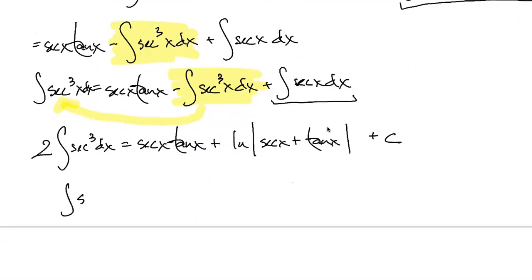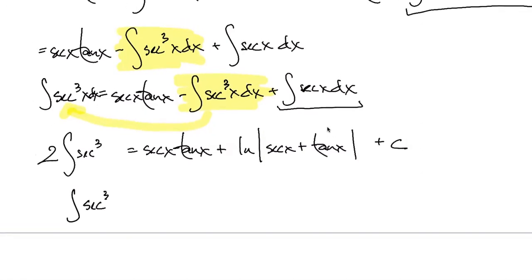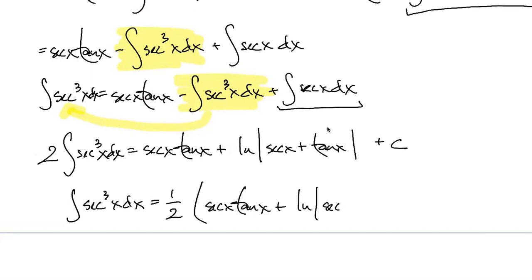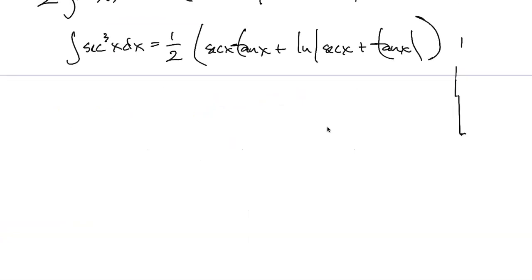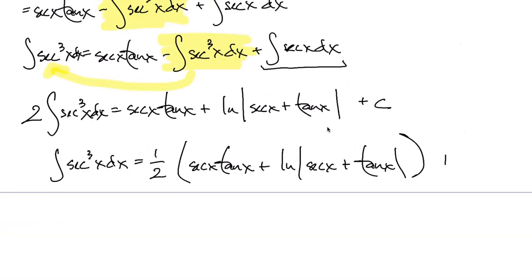So I get the integral of secant cubed x dx equals 1/2 secant x tangent x plus 1/2 natural log of secant x plus tangent x plus c.